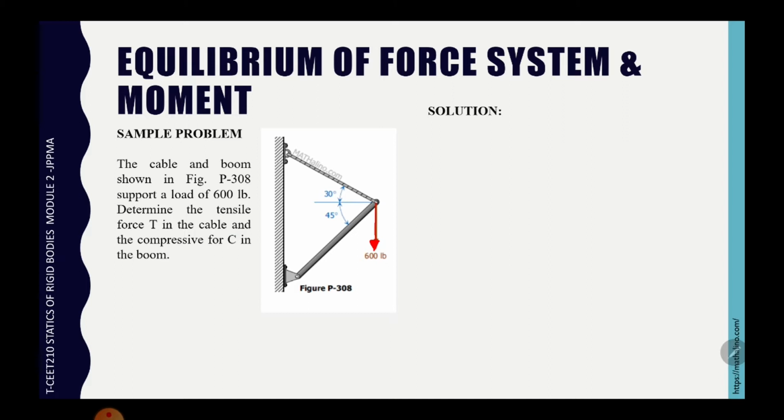So, pag sinabing tensile force, palayo siya doon sa body or sa load. So, we have a tensile force, T, and compressive force na letter C. So, meron ding compressive force na C.